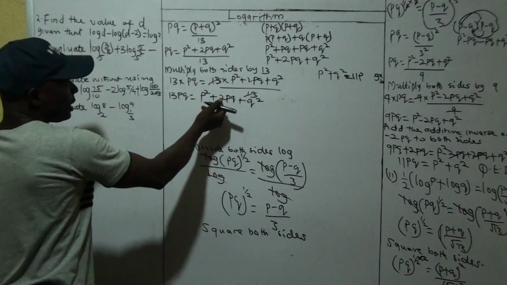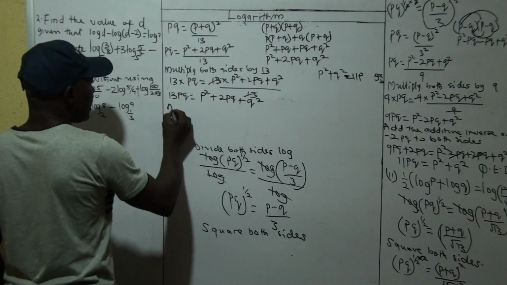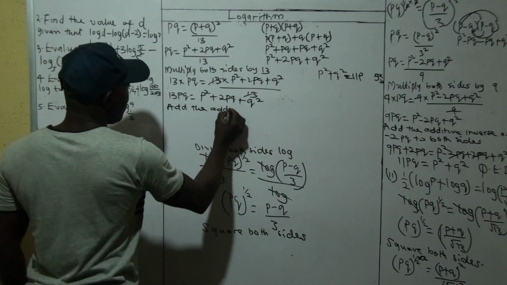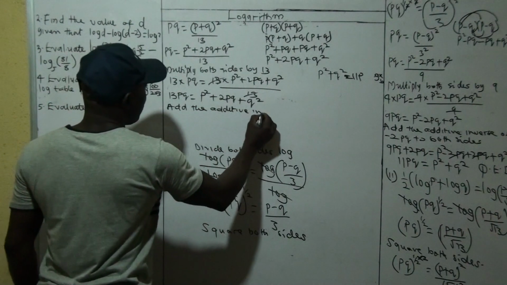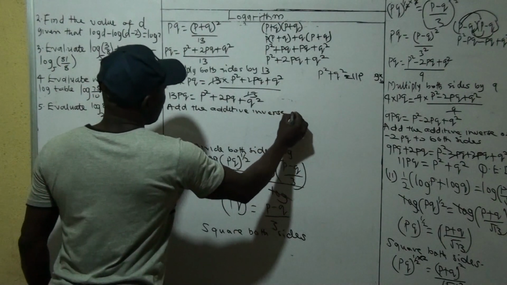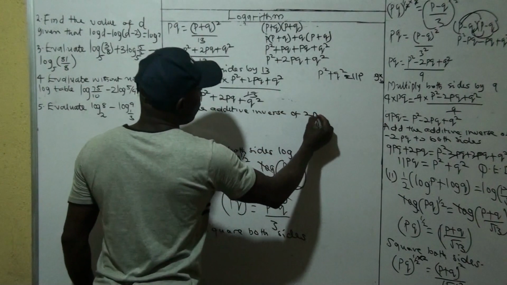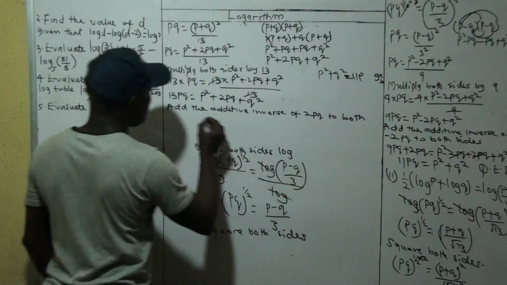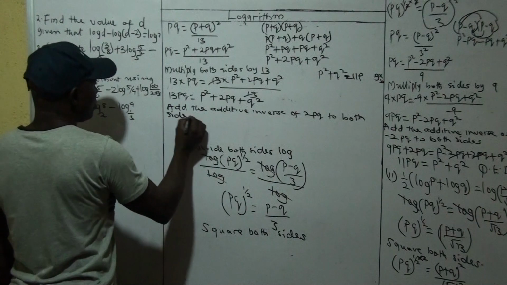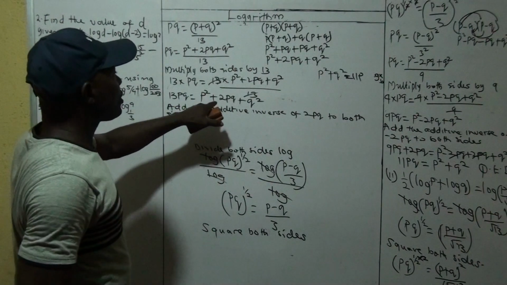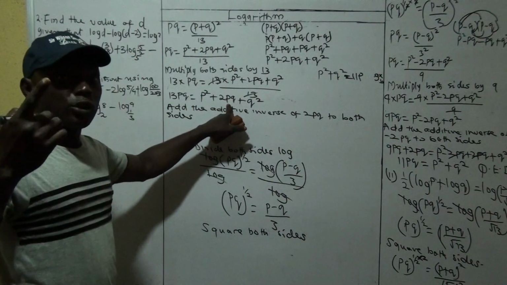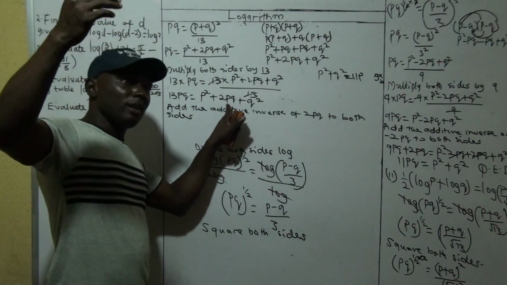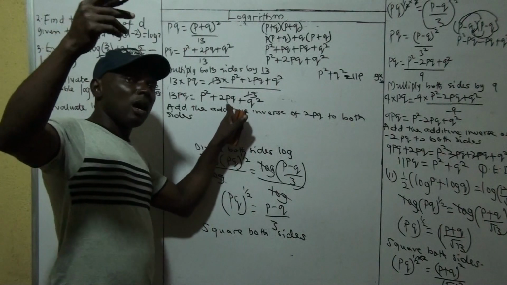So here, what we have to do is add the additive inverse of 2pq to both sides. The additive inverse of 2pq will be minus 2pq. If you have not done additive inverse, please just go to my YouTube channel.